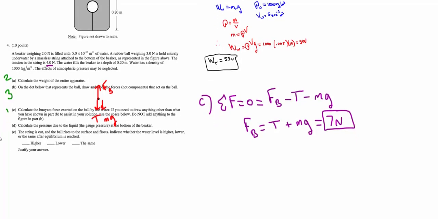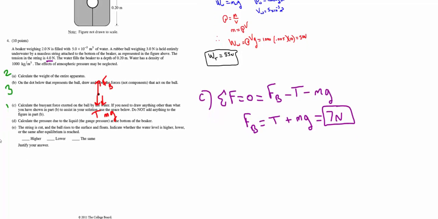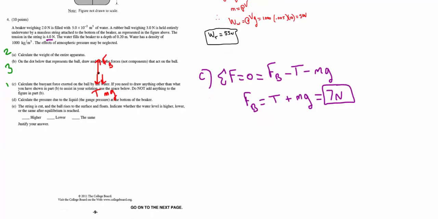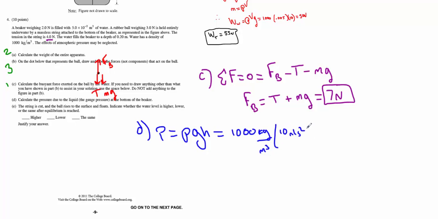D, we want to know the pressure due to the fluid. We don't care about atmosphere, just the gauge pressure. Recall that the pressure due to any fluid is just rho g h. So the rho of the fluid, 1,000 kilograms per cubic meter. g, I'm using 10 meters per second squared still.